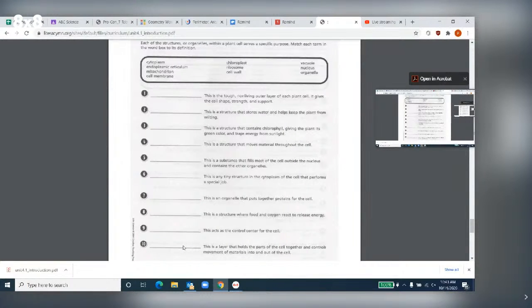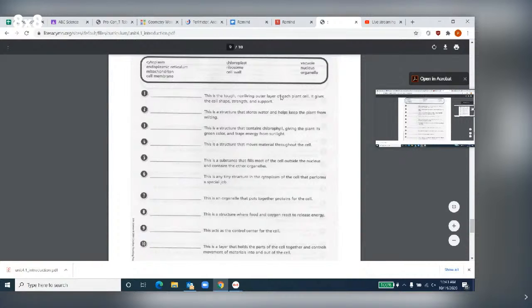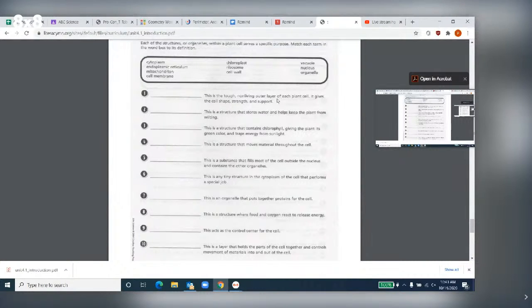So I'll go back to the top in case you guys didn't get these. And once again, the answers are going to be right after this. So one, the outer layer of a plant is the cell wall. Two, the structure that stores water and helps keep the plant from wilting is the vacuole.